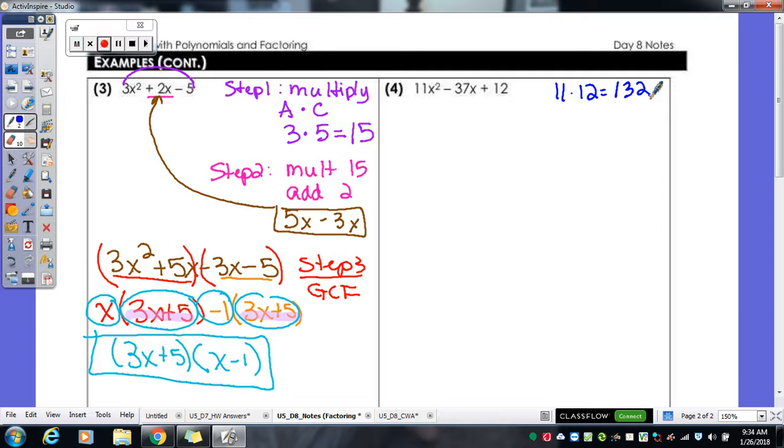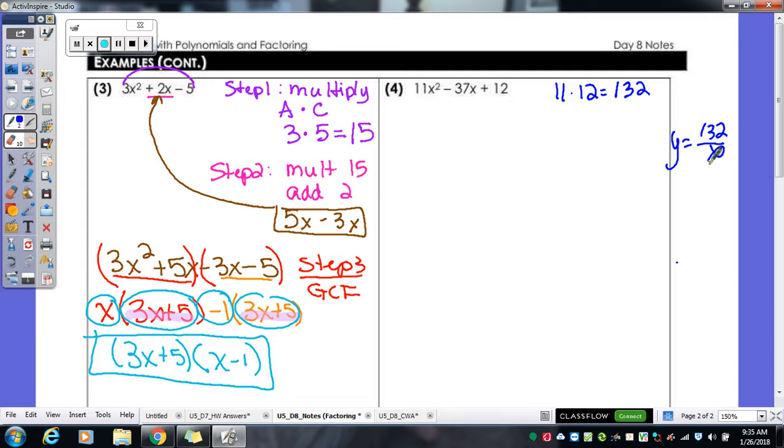So now let's find factors of 132. You can use your beautiful multiplication chart that I gave you last class if you want to. You can use your calculator. If you go under your y equals, you can type in 132 divided by x, and it'll show you all of your factors.